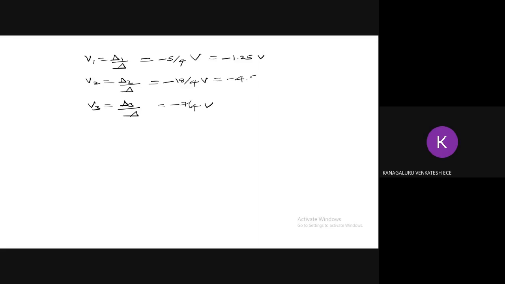Good. Volt. 7 by 4. Minus 1.75, sir. So therefore V1, V2, V3 we know.